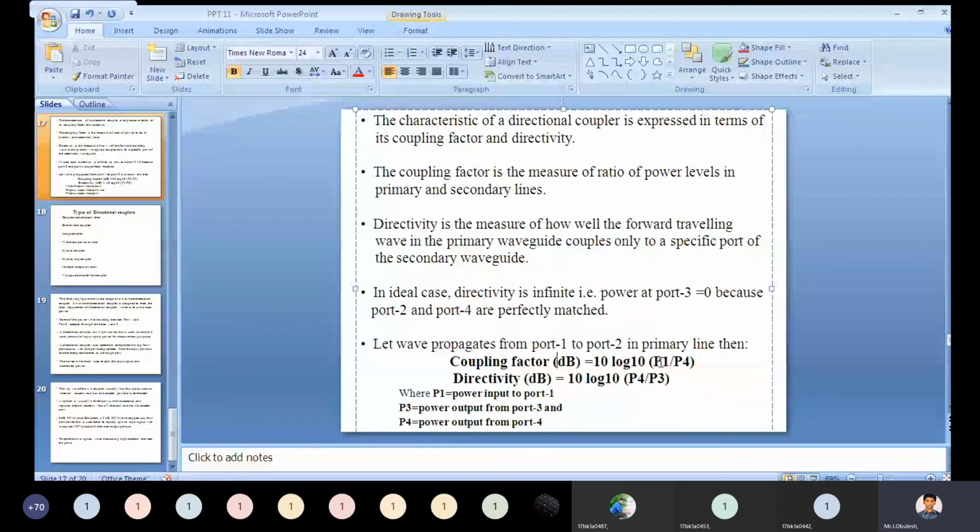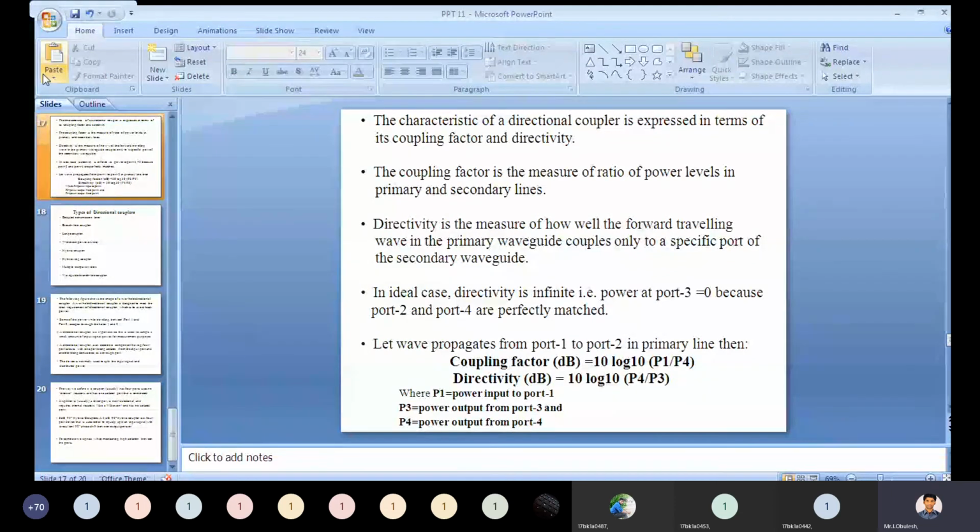And the directivity in decibels is 10 log10 of P4 divided by P3, where P1 is the power input to port 1, P3 is the power output from port 3, and P4 is the power output from port 4. Okay, you just need to see that.